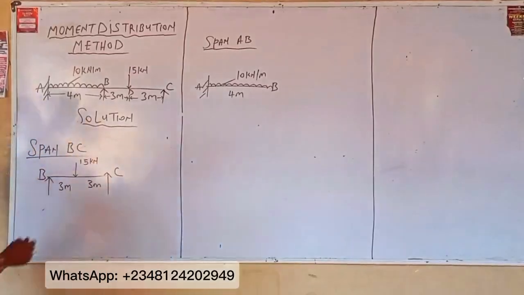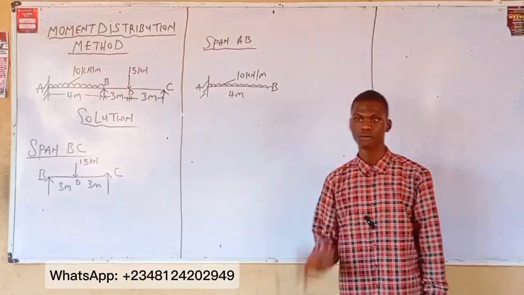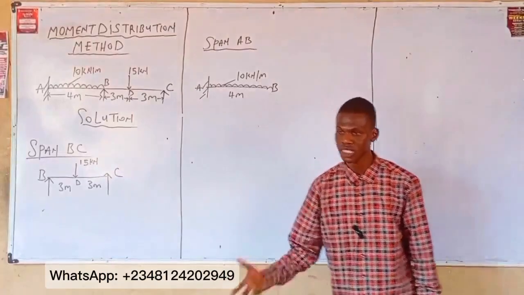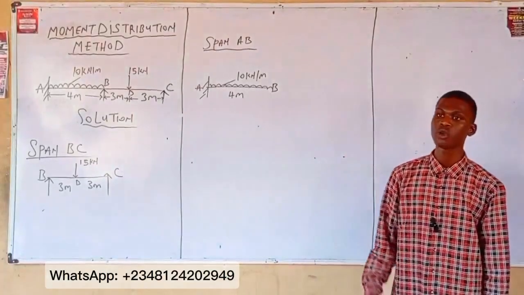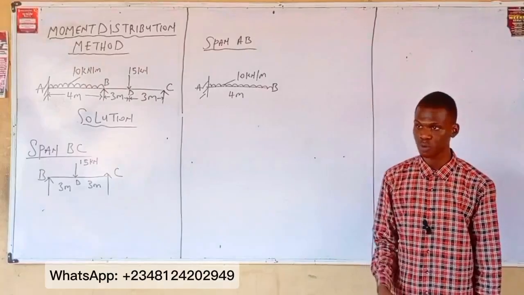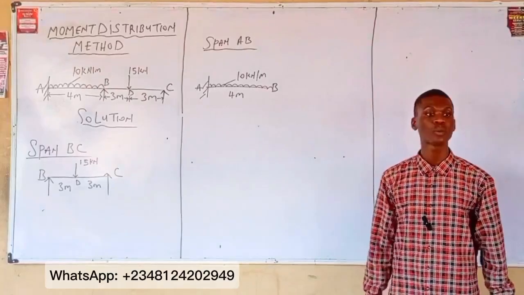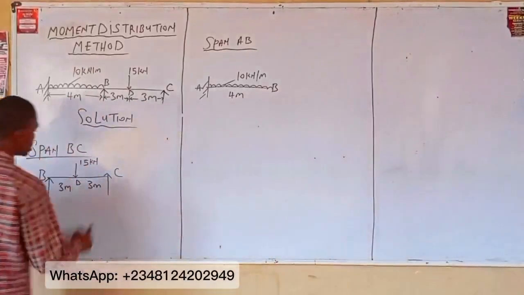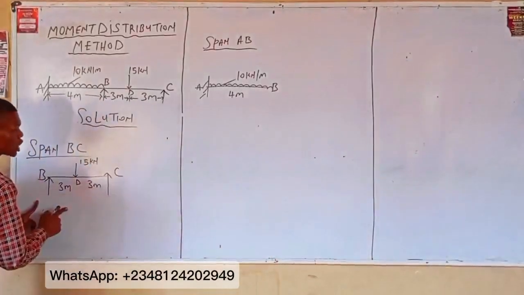Given a question, your first task is to make an assumption. And what is this assumption? You assume that the support of this beam is fixed. Meaning, for span BC, this is what you have there initially.